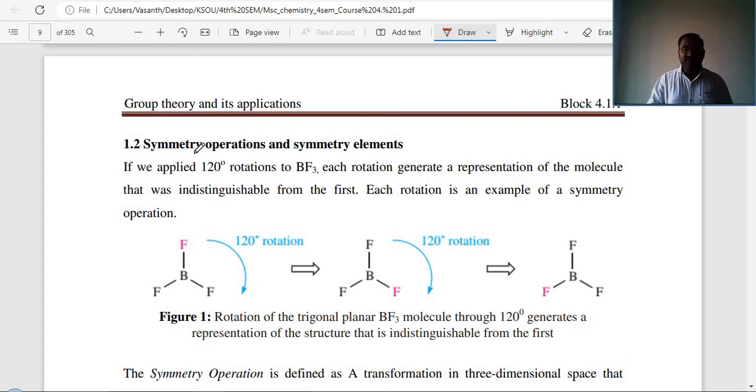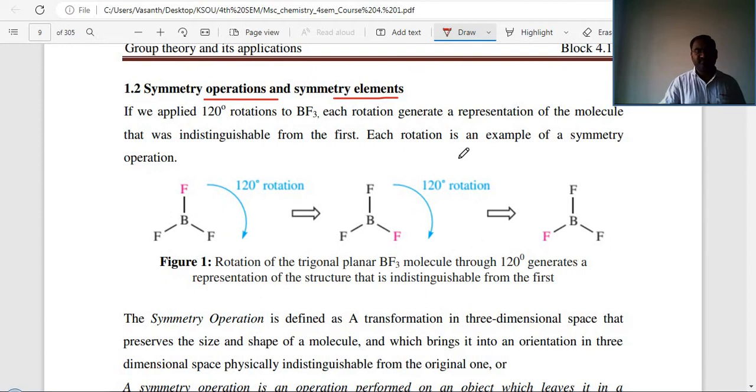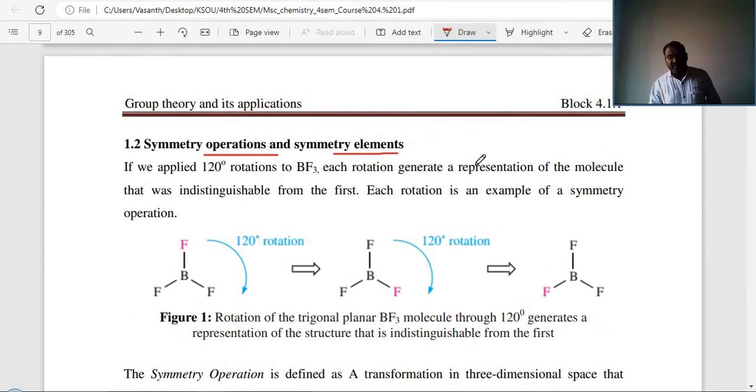Now we are going to discuss what symmetry operations and symmetry elements are. If we apply that 120 degree rotation, just imagine, again and again by 120 degrees. This color indicates the fluorine atom in a different color. What happened?